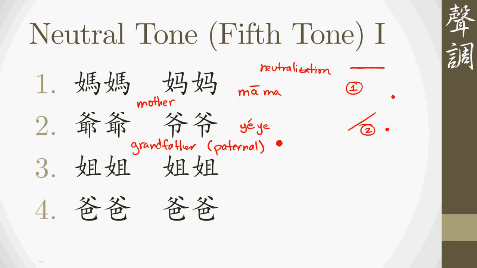Okay? Third one, we have 姐 as the pronunciation for each of the characters. And then once again, we neutralize the second one, and we pronounce it in whole as 姐姐. Okay, so we go down, and then as we go up, we kind of meet up with it in the neutral tone.